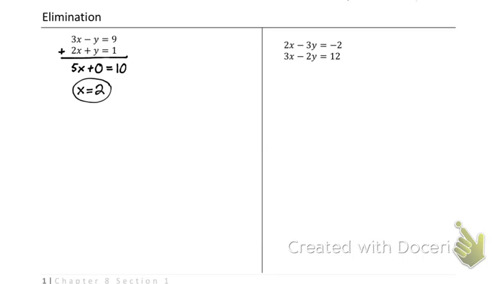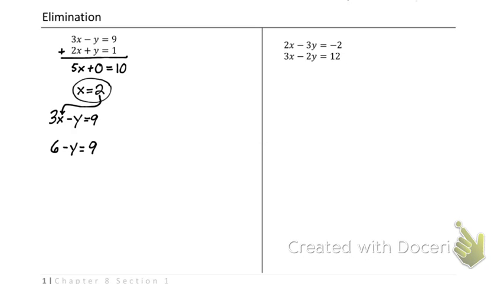You are not done, though. You need to figure out what y is. To find y, you just plug an x value into either one of the two equations on top. I'm just going to go ahead and pick the top one. So we have 3x minus y equals 9. Plug that 2 in for that x. And we're going to have 3 times 2 is 6, minus y equals 9.